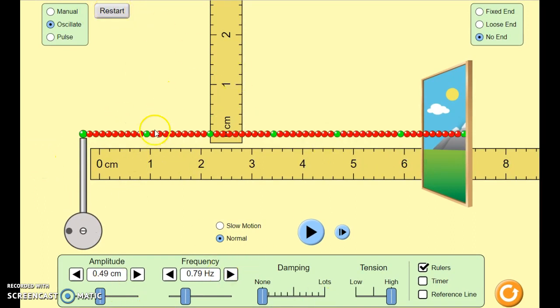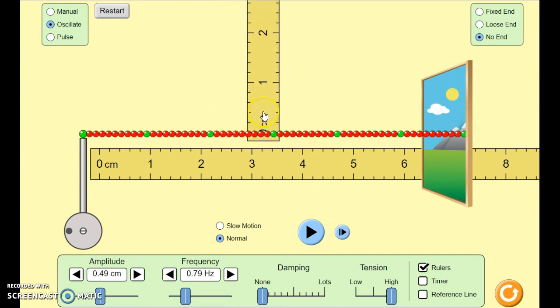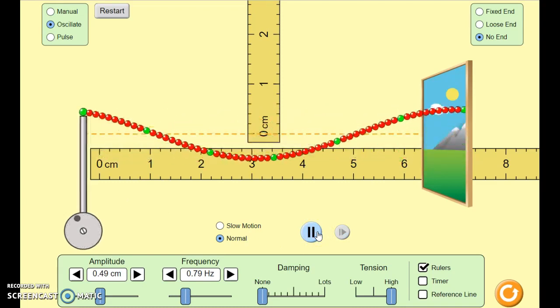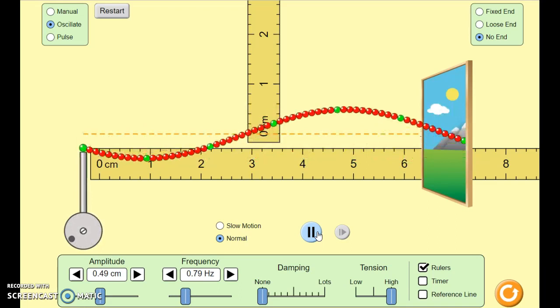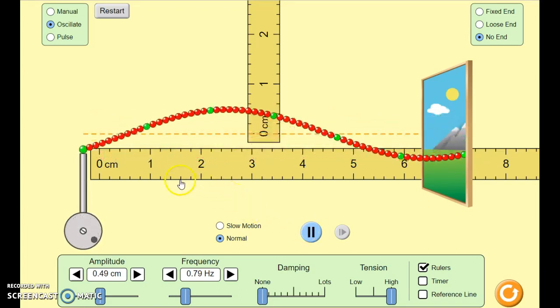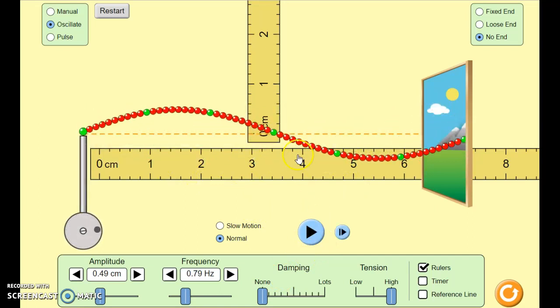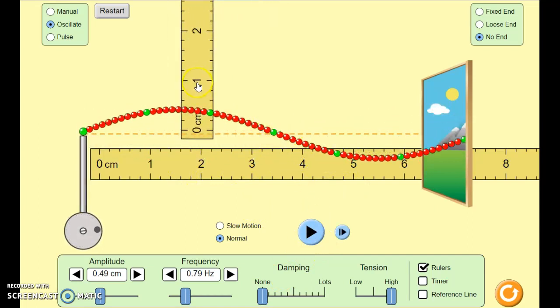So there are certain things about a wave that you might remember from previous science classes. One is that waves have an amplitude. That's the highest that they go. So if I pause it, I can measure the amplitude here.